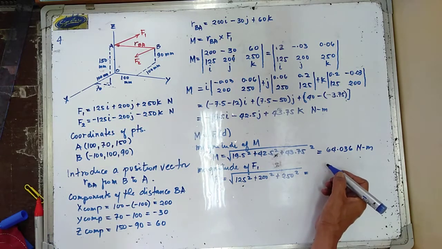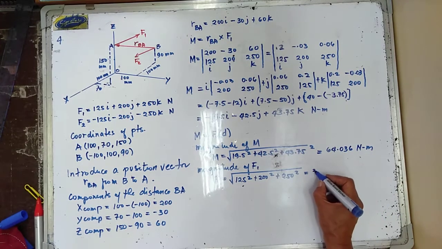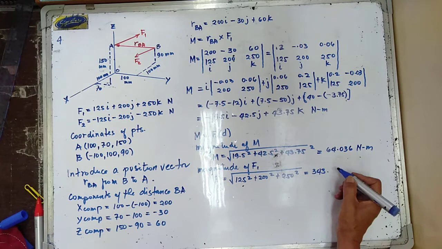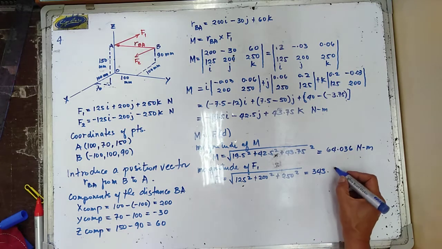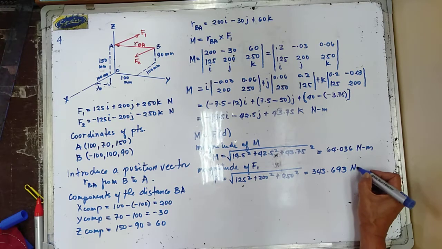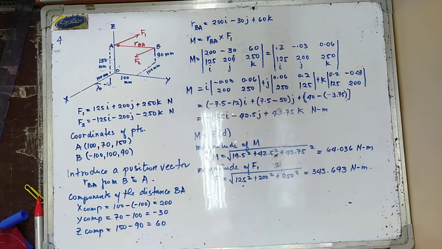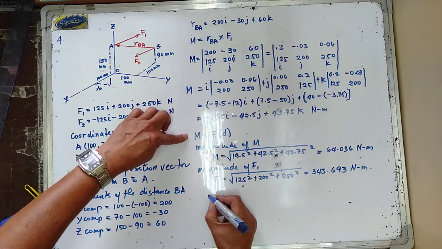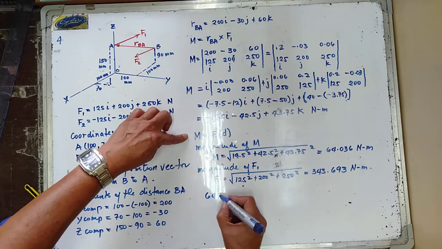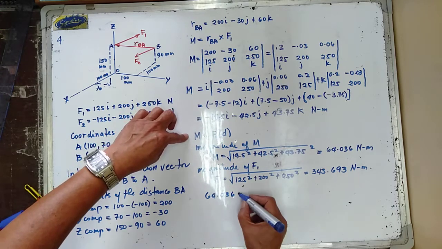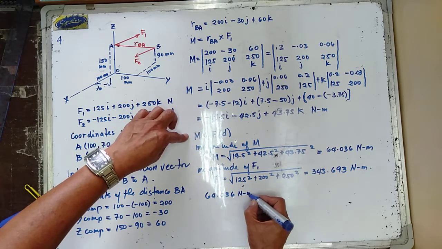This is equal to 343.693 Newton. So from this equation, your M is 64.036, that is Newton meter.